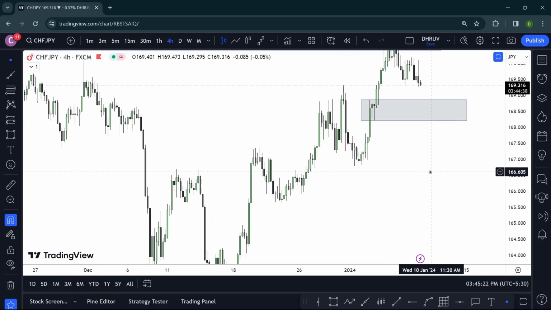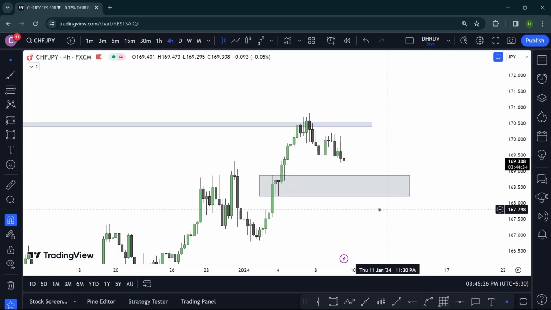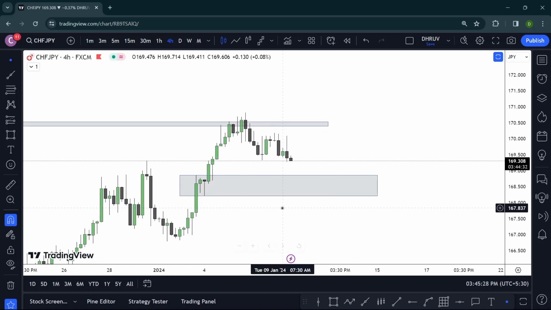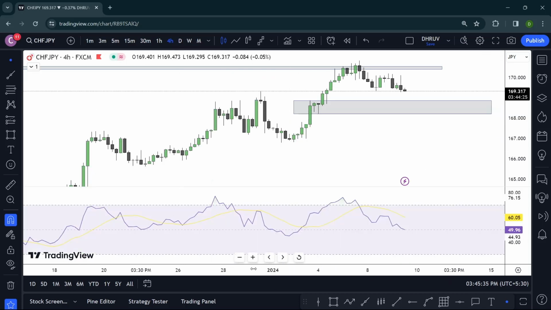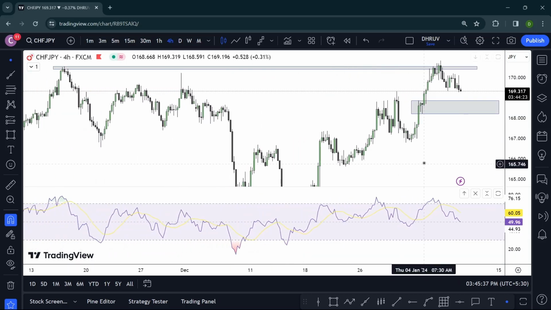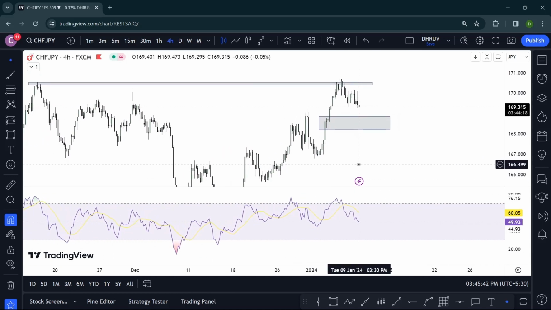Okay, so on 4 hour, there is more confluence. If you all know about RSI, sometimes I do watch RSI as well.